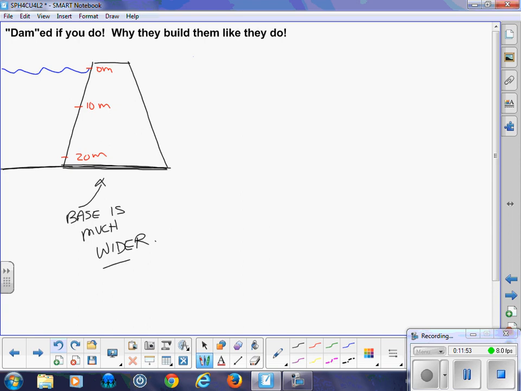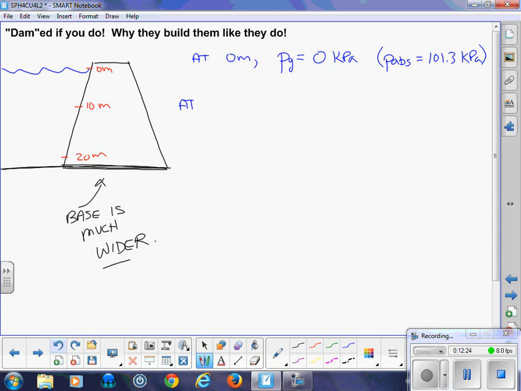Well, I know at 0 meters, gauge pressure is going to be 0 kilopascals, because the depth is 0. Technically, the absolute pressure at that depth, I'll put this in brackets, is 101.3 kilopascals, but we're only looking at gauge pressure, how much additional pressure is acting on the dam.